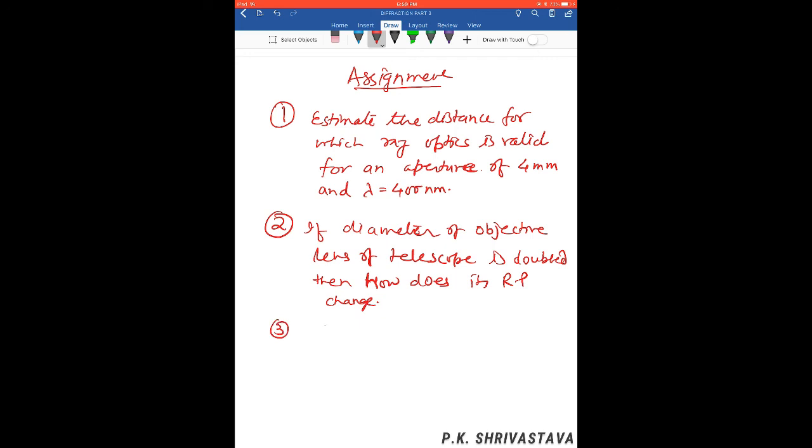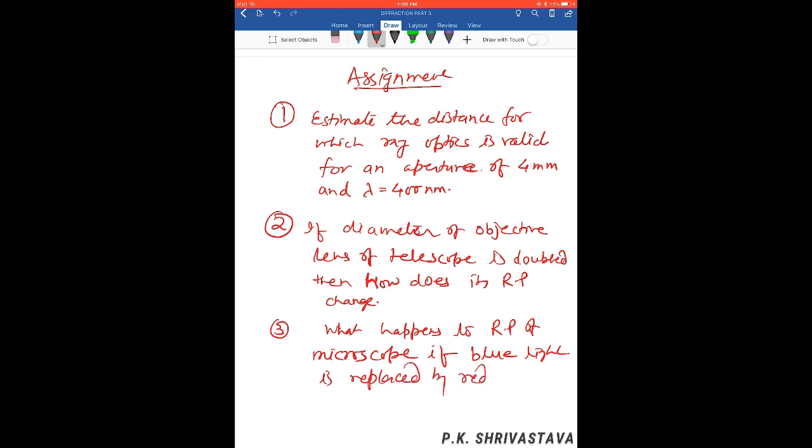The third question is, what happens to resolving power of microscope if blue light is replaced by red light? Okay, this is all about today's discussion.